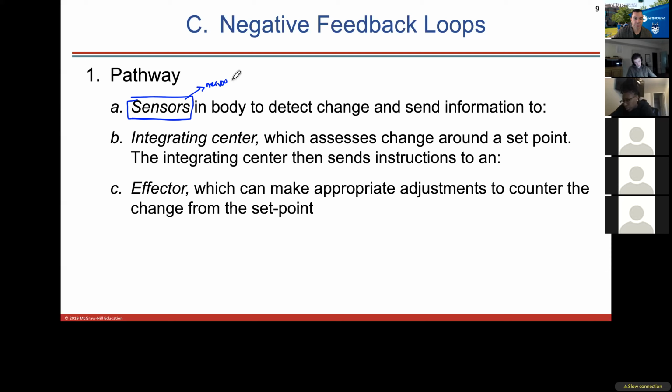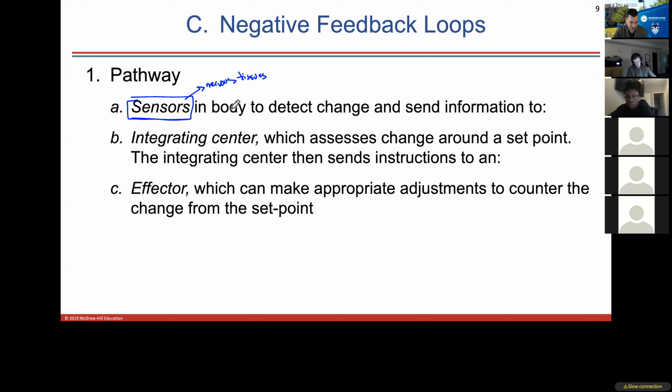We have a number of neurons, specific neuroreceptors, that are detecting all sorts of stuff. Every ion that you can think of, we have a receptor for it pretty much. Okay?